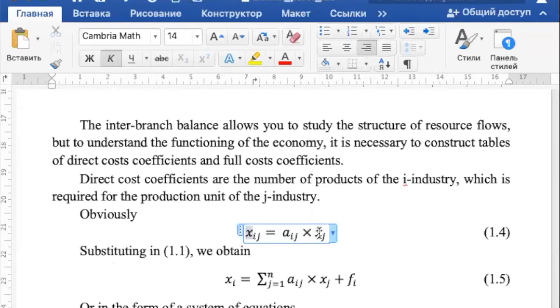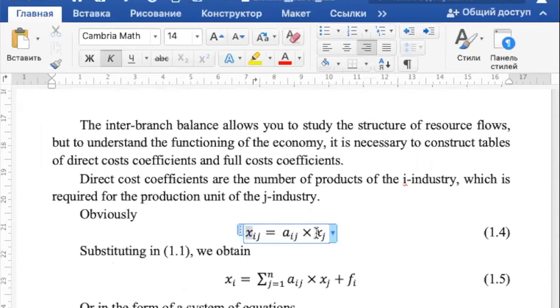So again, you must recall how we denote our sectors. I is our supplier sector, and J is our sector which buys some products from other industries. So it is our client.